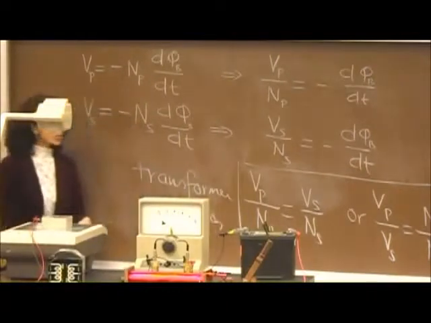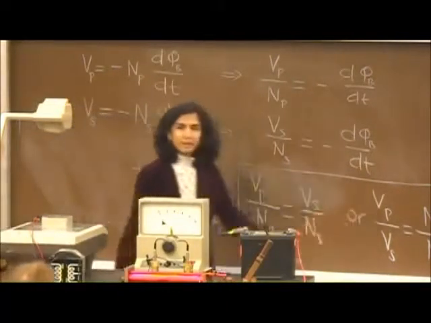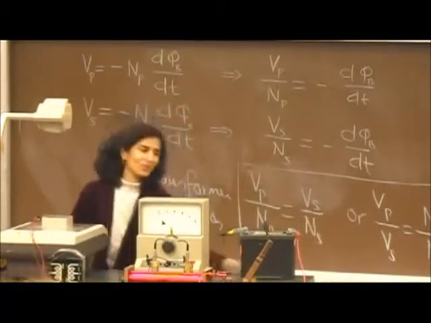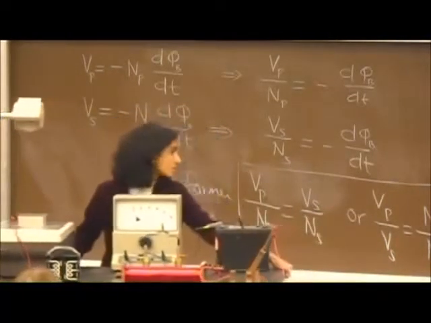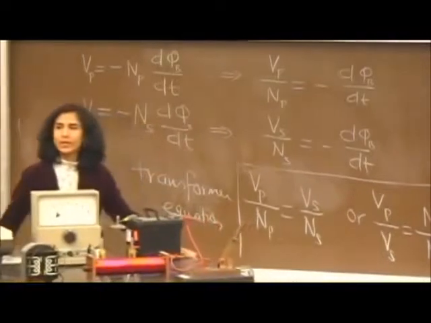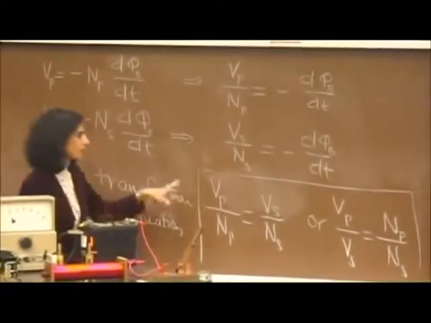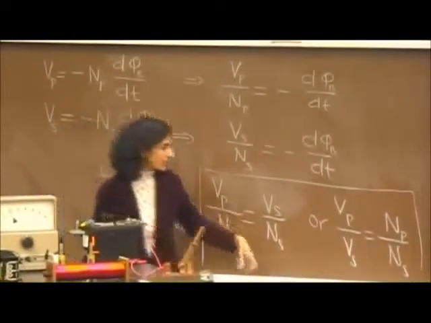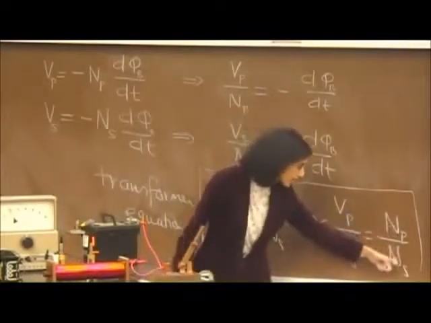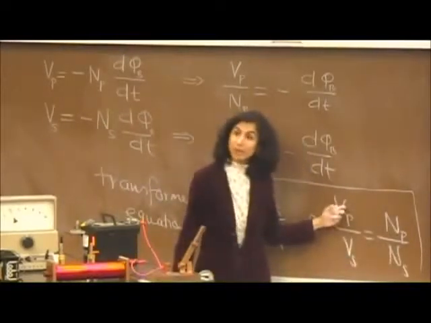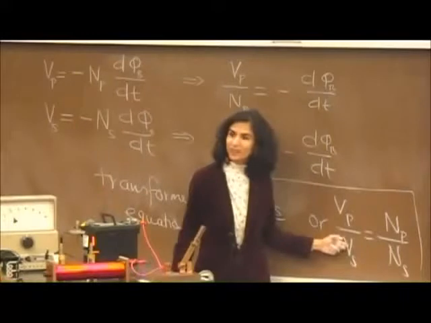Okay, notice one thing. Can you guys see it? One thing that you can see from here is if N_p is more than N_s, is V_p more than V_s? Isn't it?